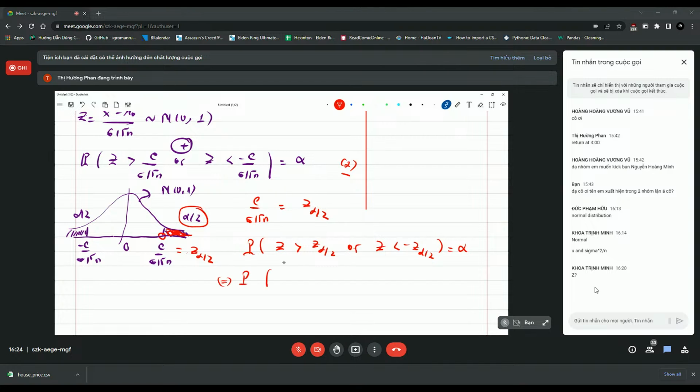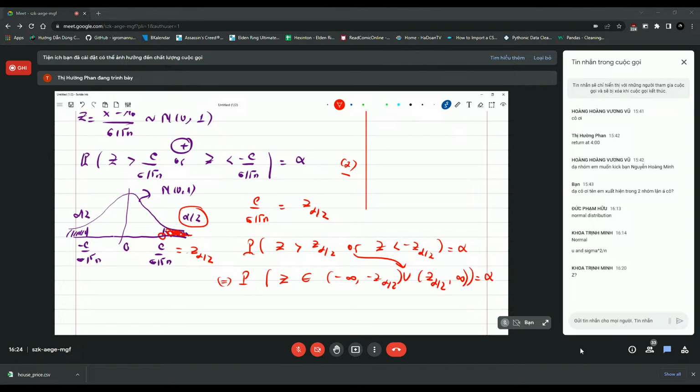The probability of Z belonging to the interval from minus infinity to minus z alpha over 2, union with z alpha over 2 to infinity, equals alpha.